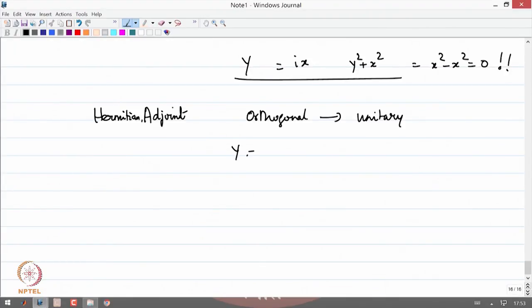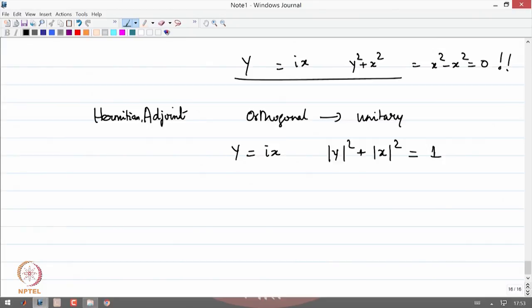Therefore, here if you write y is equal to Ix, you must take absolute y square plus absolute x square is equal to 1. This is required for complex eigenvectors, and this is the definition. Now you will see the absolute value of Ix is of course x.